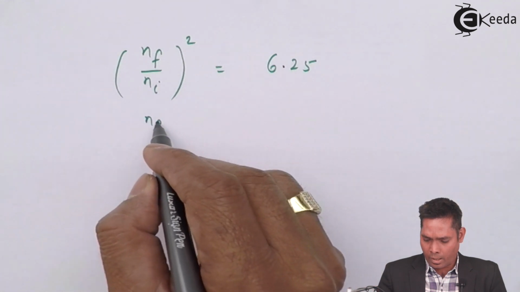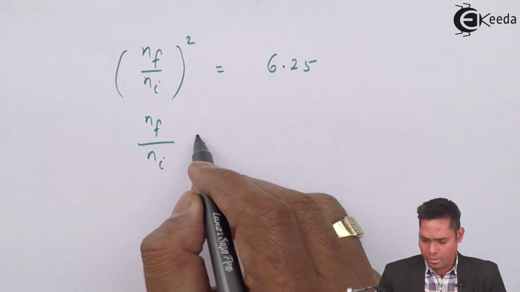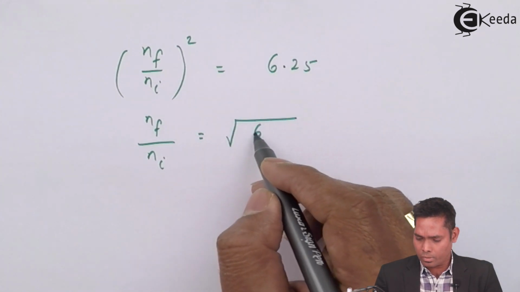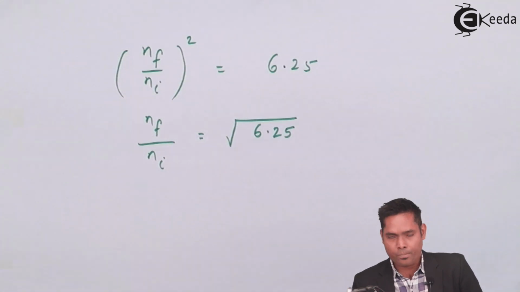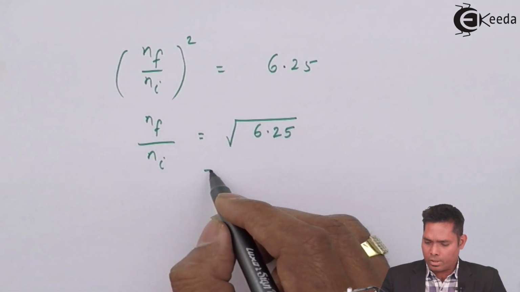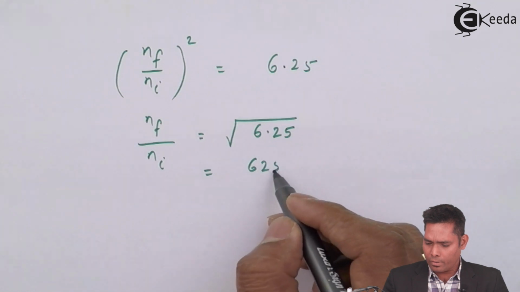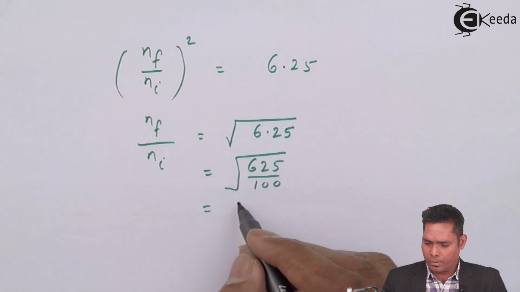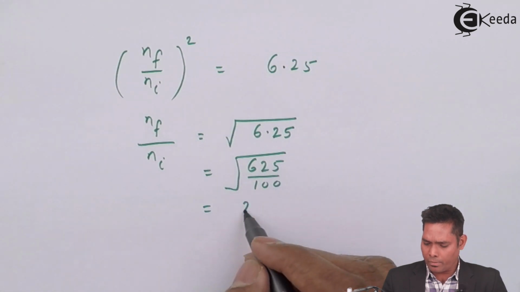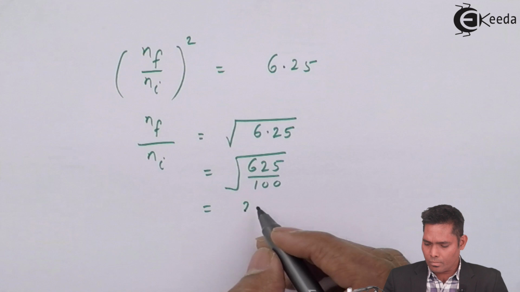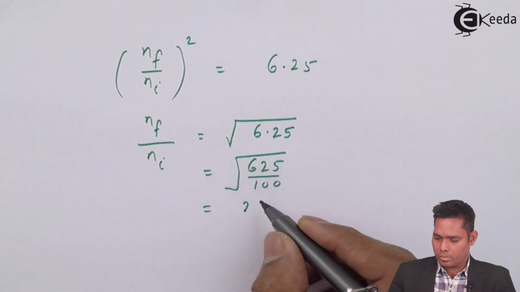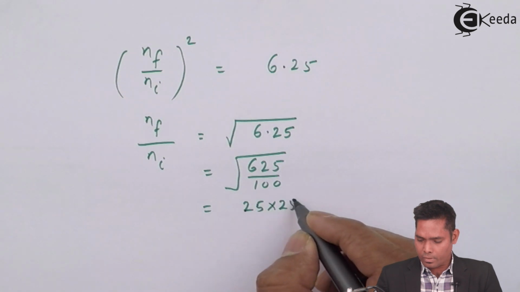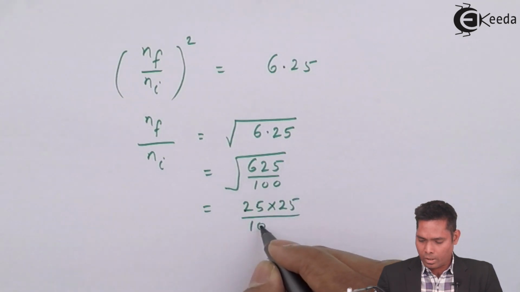So Nf over Ni equals, I will take the square root of 6.25. This is 625 divided by 100, root, which comes out to be 25 into 25 divided by 10 into 10.